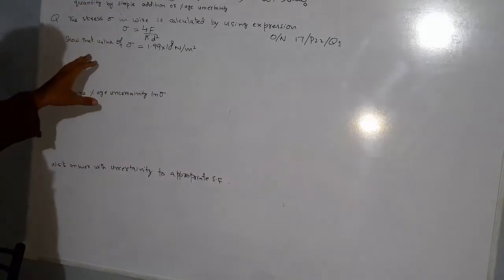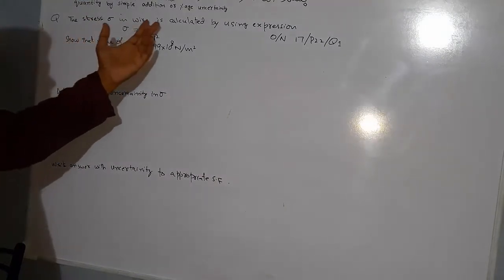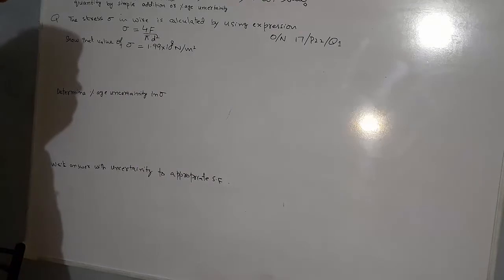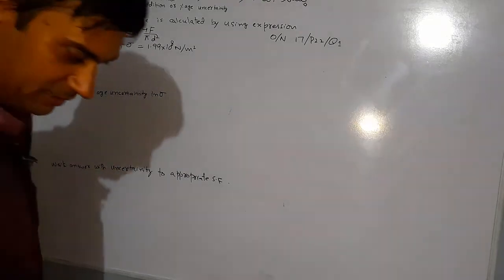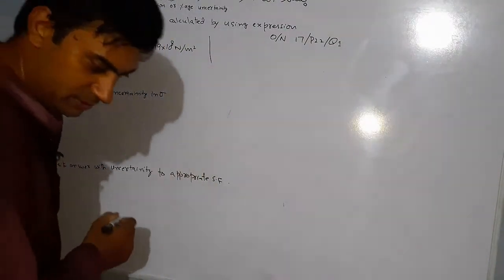Okay, so in this situation, the stress sigma in the wire is calculated by the expression sigma is equal to 4F over pi d square. Show that sigma is equal to 1.9 into 10 power 8, and they have given the values right here.